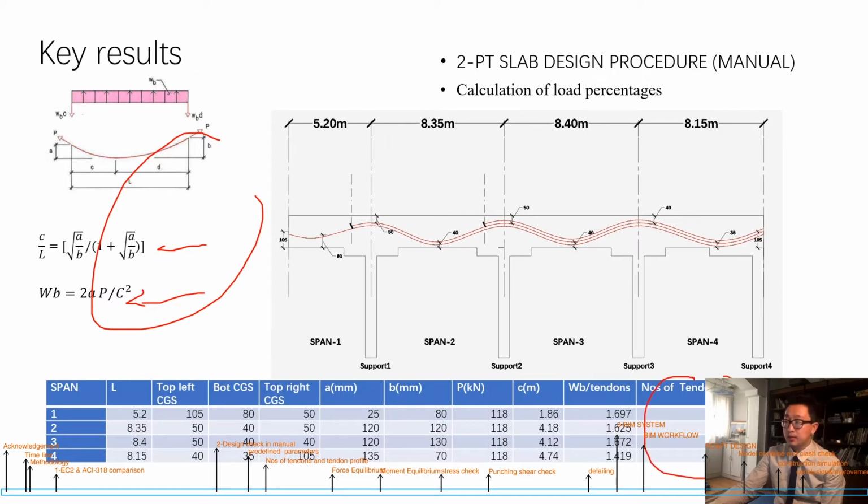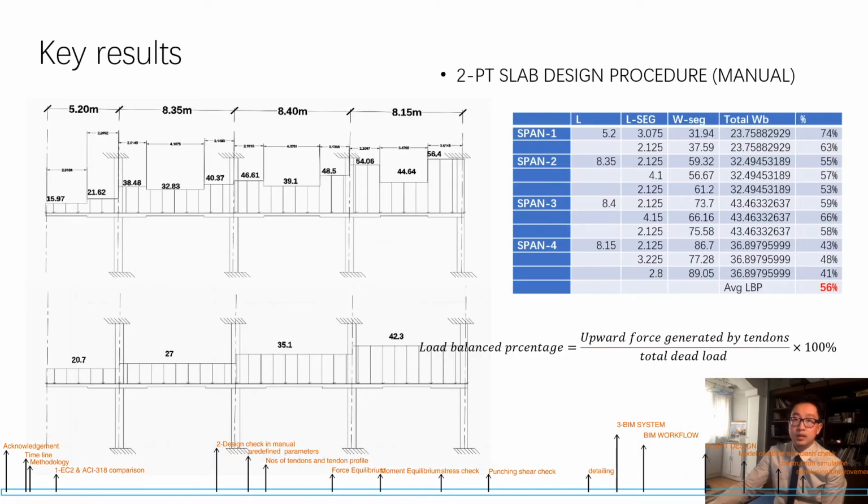Here's the result of it. I just input the values, locations and heights of the CGS, then I use Excel to calculate.